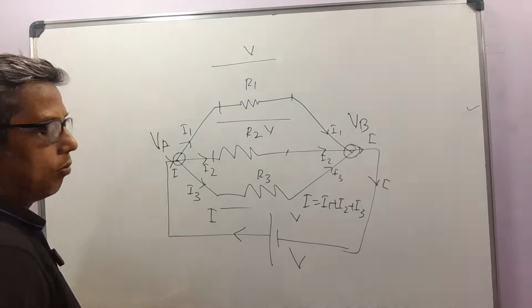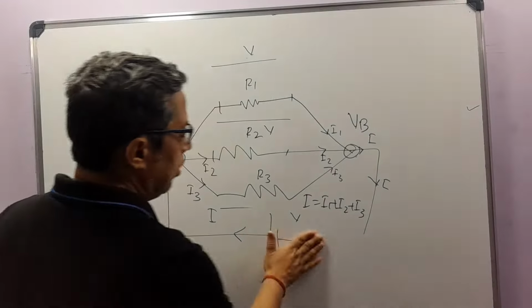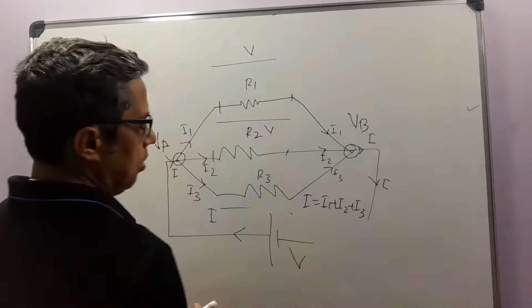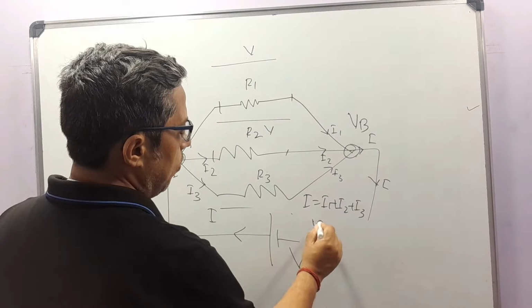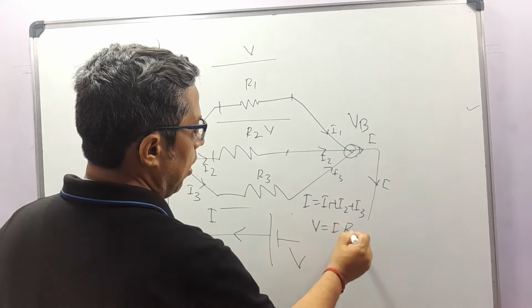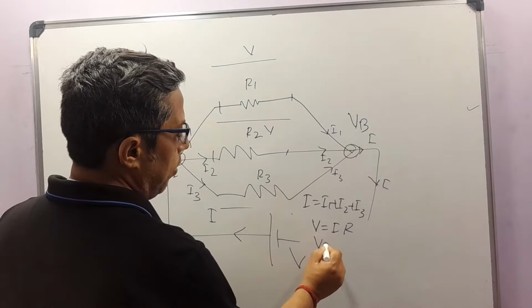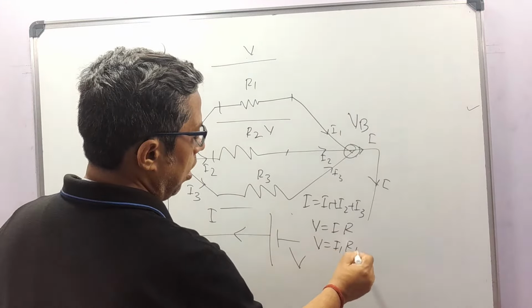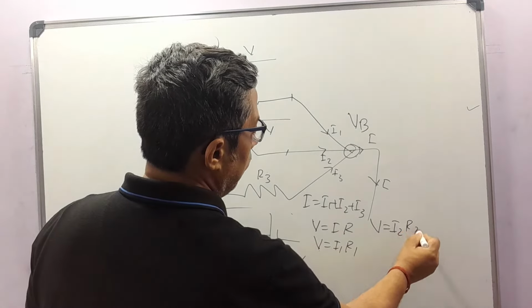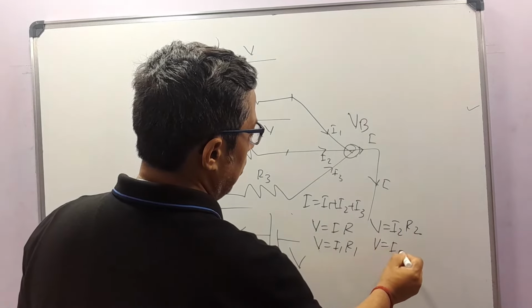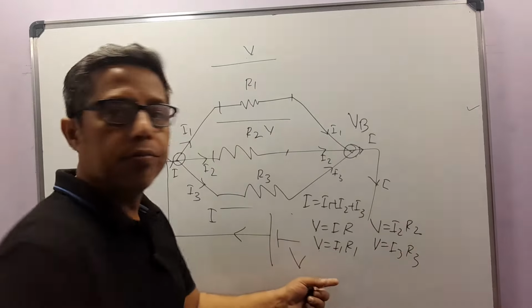Now, just for calculation, I remove this part. With current I, V is equal to I R. Then V is equal to I1 R1, V is equal to I2 R2, V is equal to I3 R3.